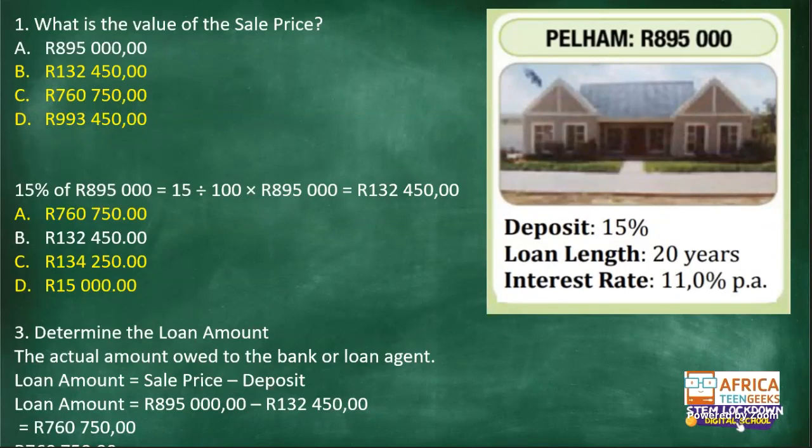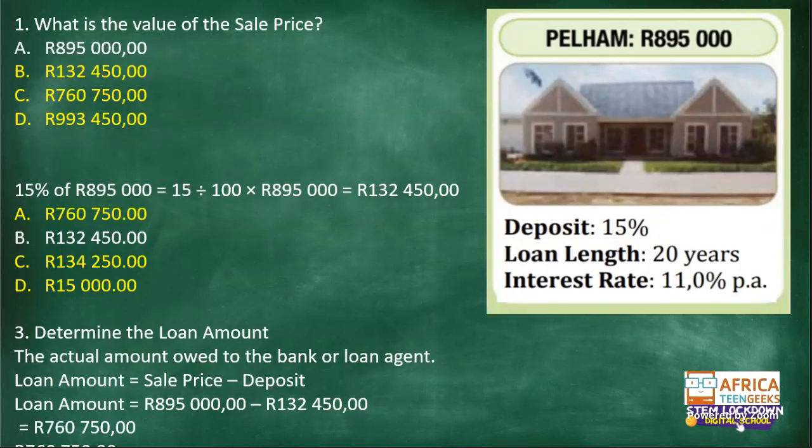We know that 1 year consists of 12 months. This therefore means that you'll have to multiply the 12 by 20, which will give you 240 months. So in 20 years, there are 240 months.